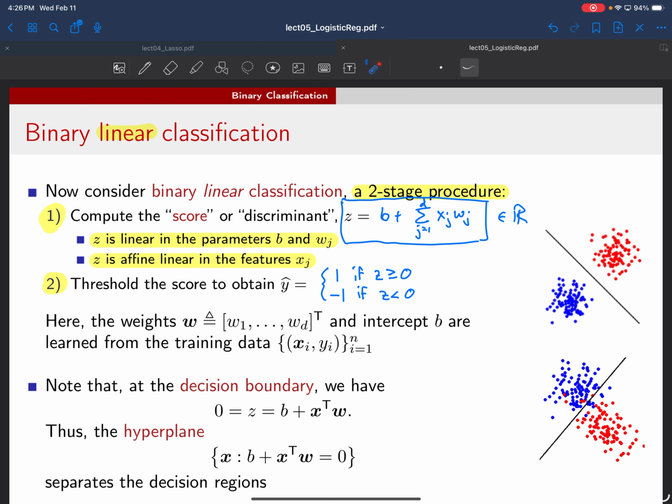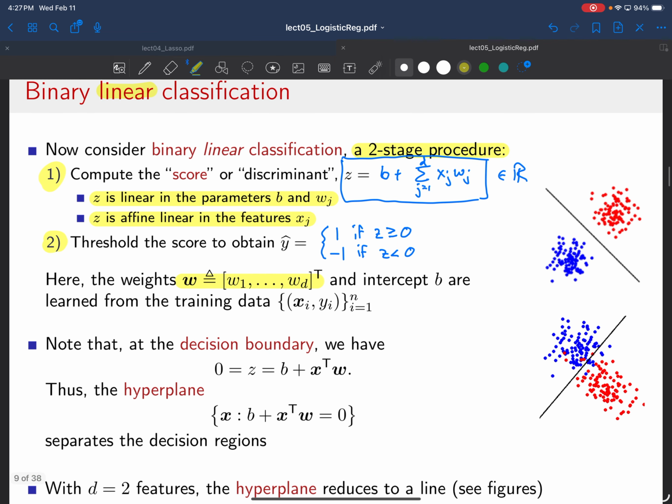So it's really linear in two different ways. Then we usually combine our weight coefficients into the boldface vector w, and we learn w and b from the training data. How exactly we do that is what we'll talk about today. But is the setup of binary linear classification clear? Like what we're doing? Any questions on this? Okay, great.